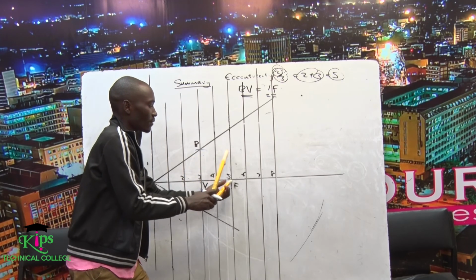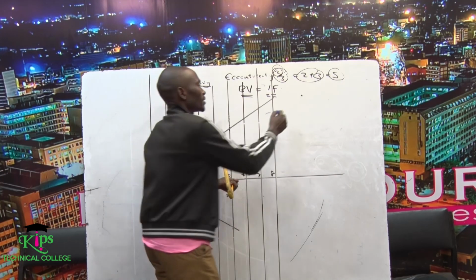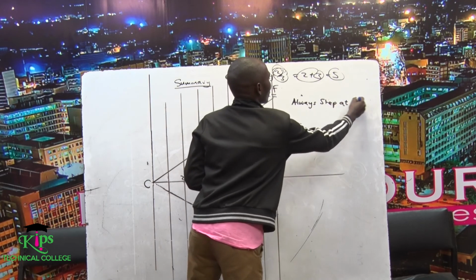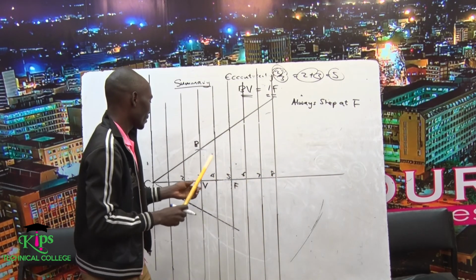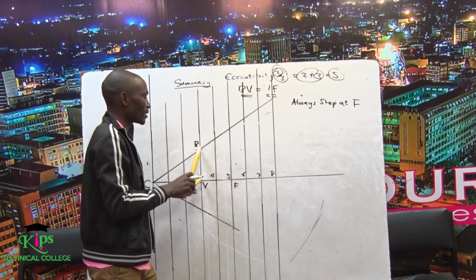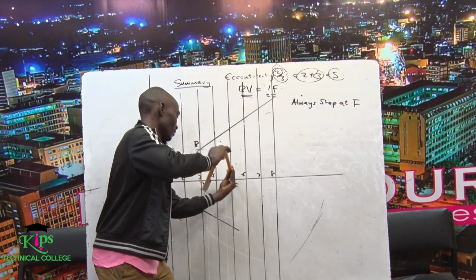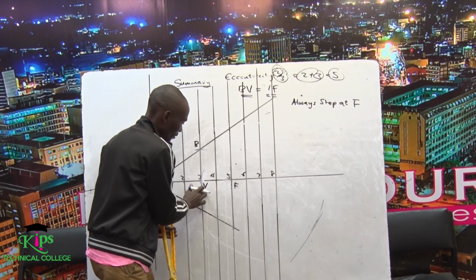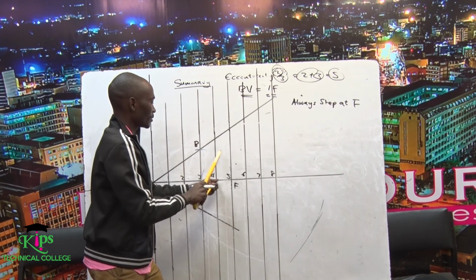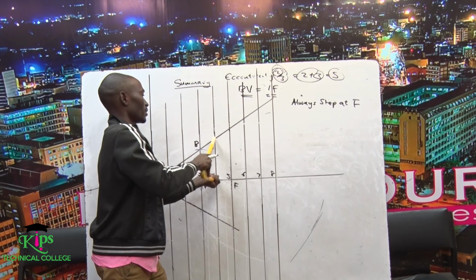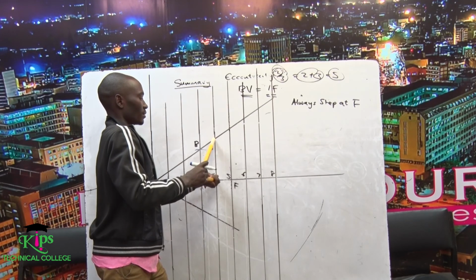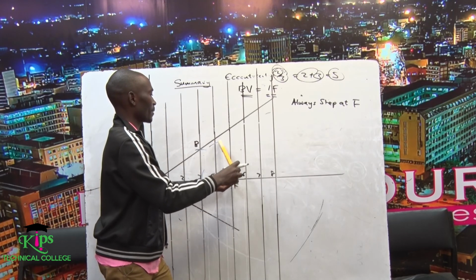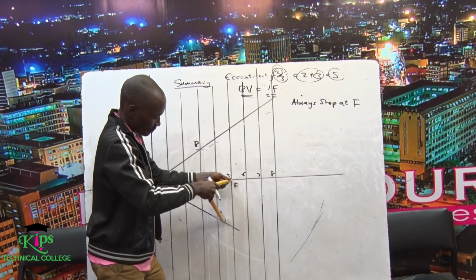Always I should be stepping at F. So you can see like this, I've just taken the measurements, then transferred to F. Proceed to this one. I've taken the measurements, then I've moved to F, marked below.